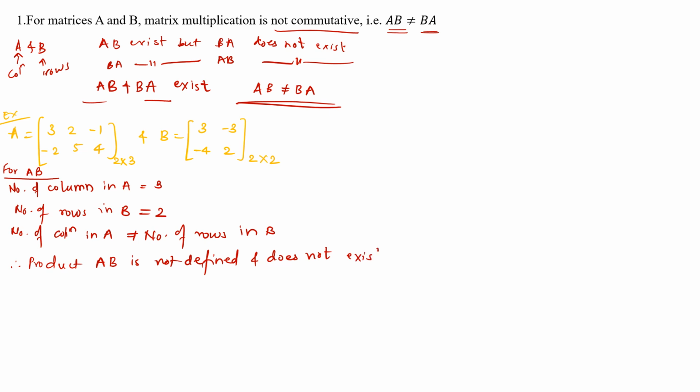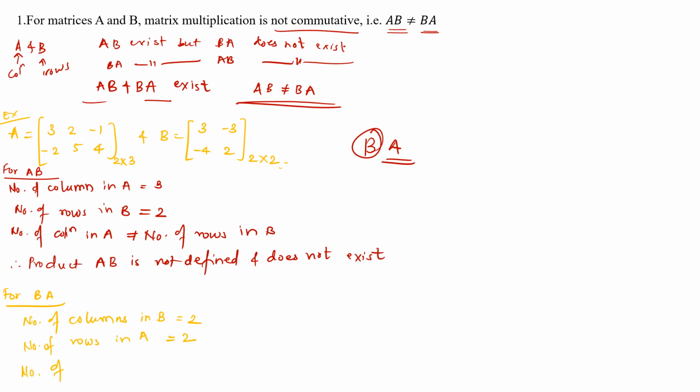Let's check now the vice versa case. Let's say about B into A. तो जब B into A करोगे तो B के कॉलम्स एंड A के रोज देखेंगे. So for B into A now, we will check the number of columns in B. So number of columns in B is equal to 2 and number of rows in A is equal to 2. This is equal.